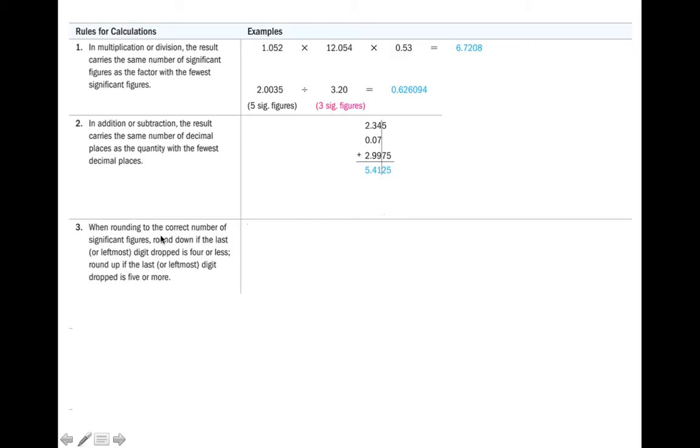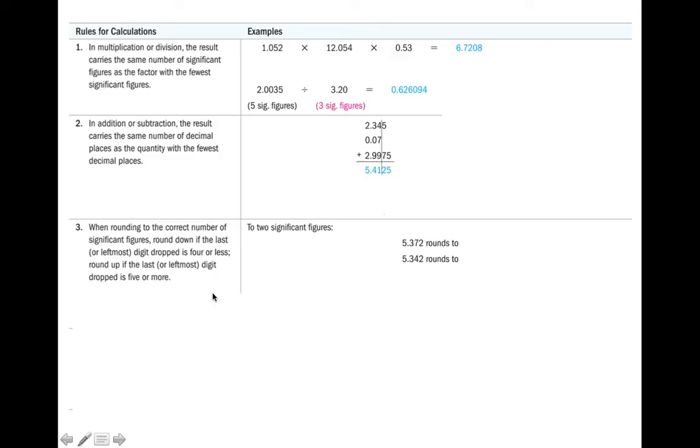Okay, when rounding to the correct number of sig figs, round down if the last or leftmost digit dropped is 4 or less, round up if it's 5 or more. To 2 sig figs, this was going to round to what? This is going to round to 5.4, right?